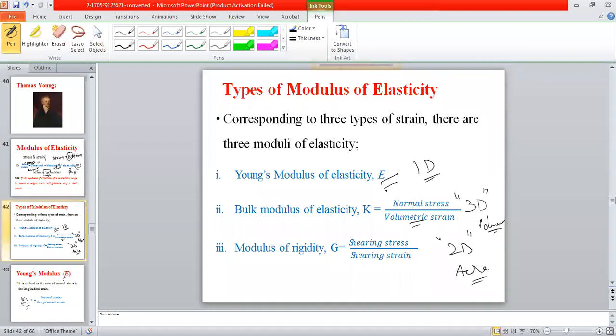Therefore we can find the bulk modulus as well as the rigidity modulus as well as Young's modulus for different materials. We can find them by the formula, that is, modulus is nothing but stress by strain.